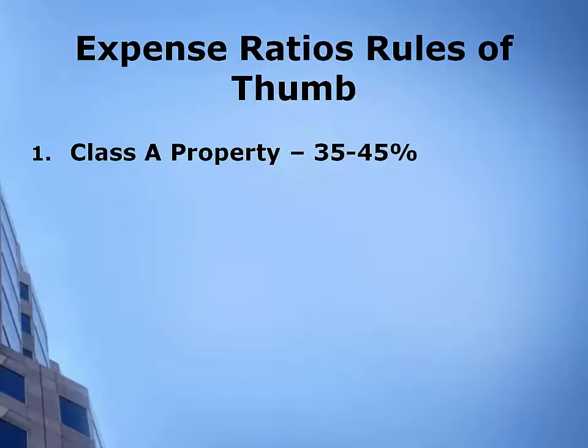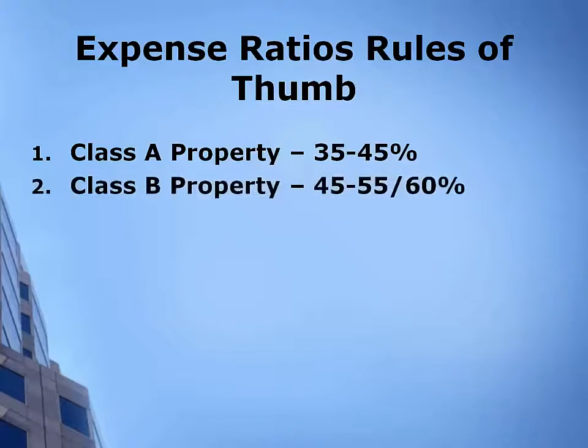Class A property, typical expense ratio between 35 and 45%. Class B, we're looking at 45 to 55 to 60% expense ratio. Let me explain the difference here. Once again, geography has a lot to do with it. But when we get into Class B property, what we tend to look at are properties that are always going to be tenant-paid utilities, not all bills paid.